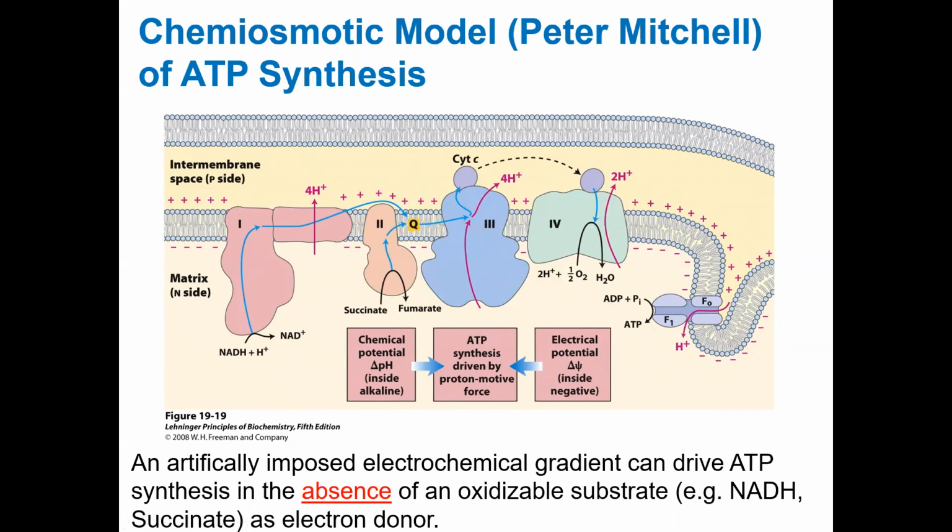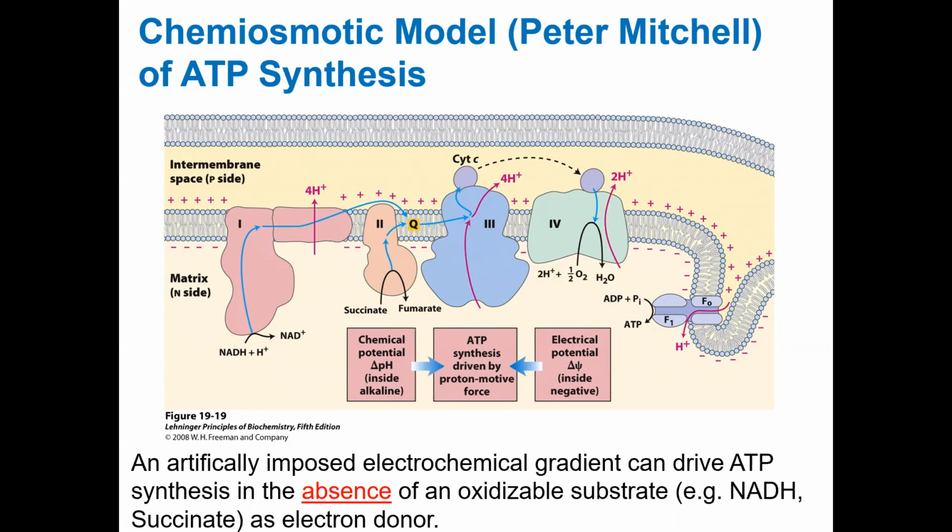It's not like any symmetry is there. They're non-uniformly distributed in the inner membrane, right? And so the electrons then flow through a series of these complexes, right, via quinone, etc.